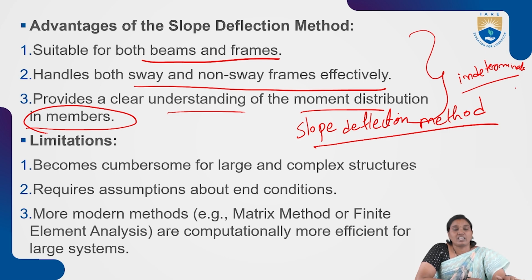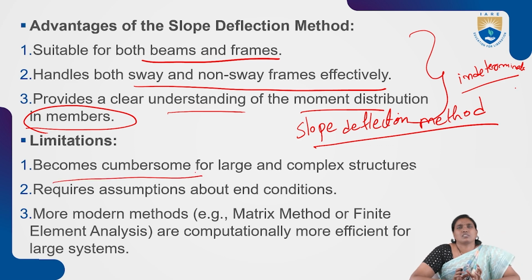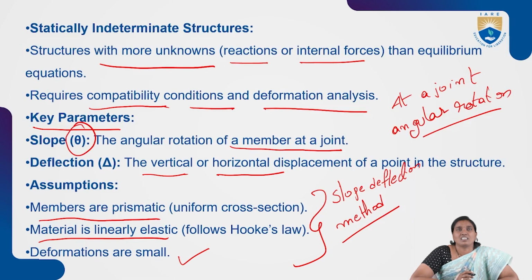In this, the limitations become some clumsiness, some repetitions, and some difficulty whenever we choose it for large and complex structures. And it requires assumptions. We already discussed some of the assumptions in previous slides.